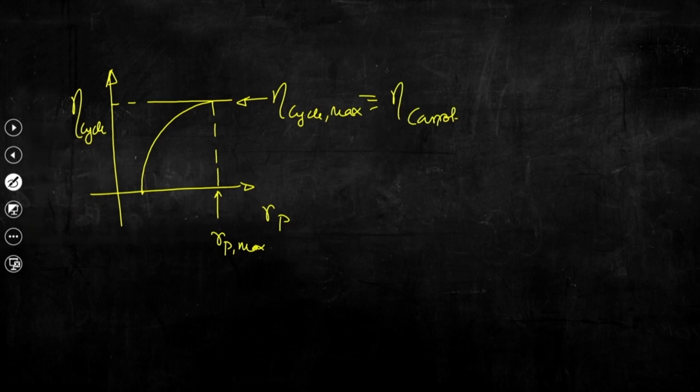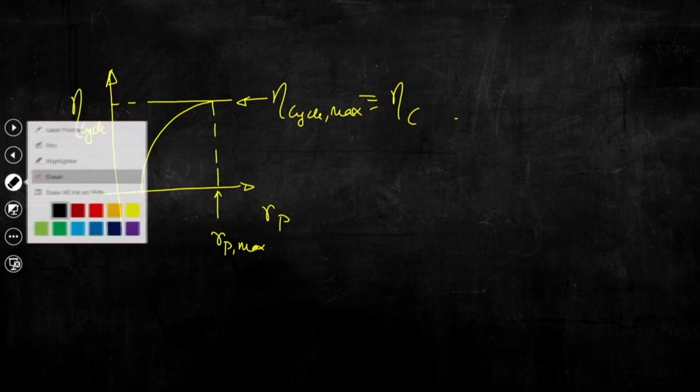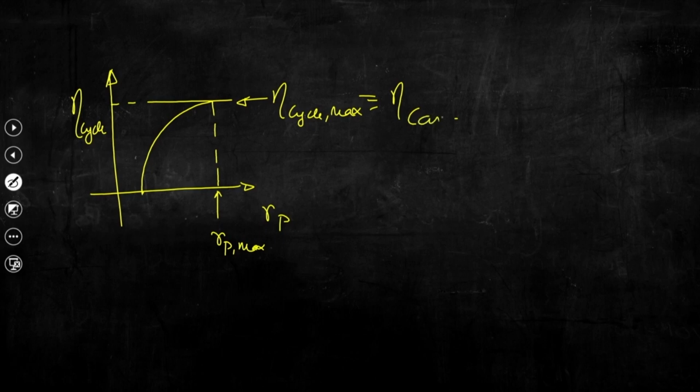So, what we can see from here is that, with increasing Rp, starting from Rp equal to 1, if we go up to Rp max, then the cycle efficiency will increase.